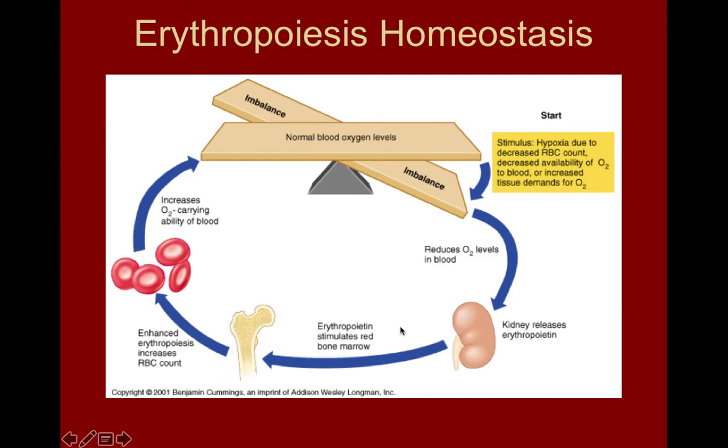That travels through the blood to the bone marrow, and in the bone marrow, it causes more red blood cells to be made. That's called erythropoiesis. That increases your oxygen carrying capacity, the ability of your body to carry oxygen, which is the thing that makes your muscles work better for a longer period of time.